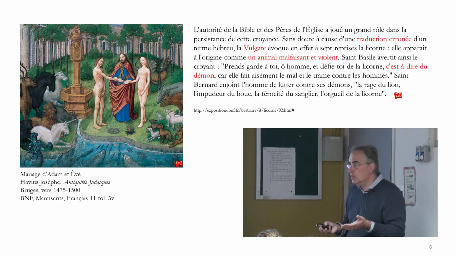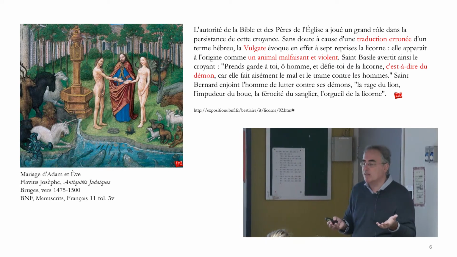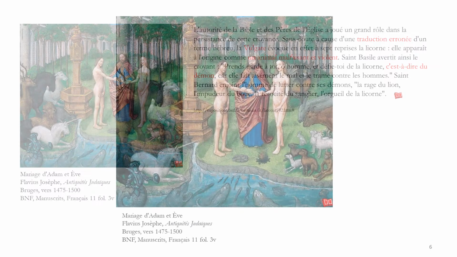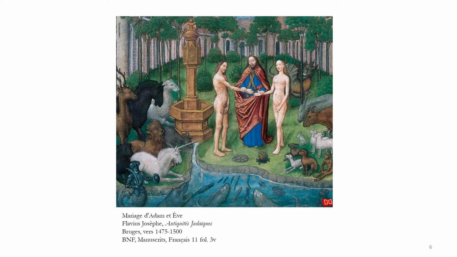Probably, quite likely, because of some mistake made in the translation of the Bible from Hebrew into Greek, into Latin, the unicorn does appear in this very early version of the Bible known as the Vulgate. And there, the unicorn is supposed to be a very violent and certainly ill-intentioned animal.